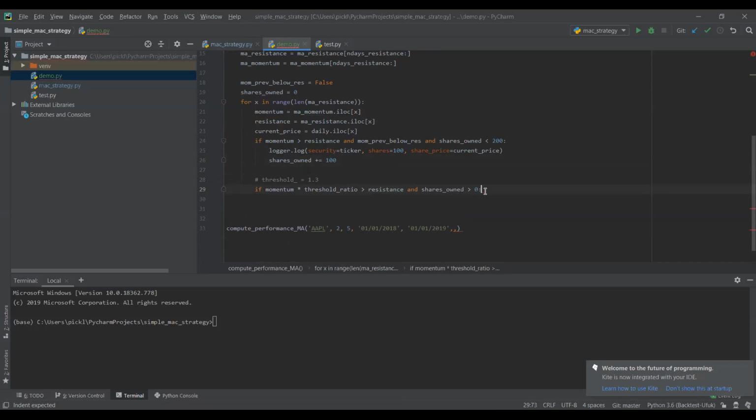This is not a short-based strategy, so we do not want the shares owned to go below 0.